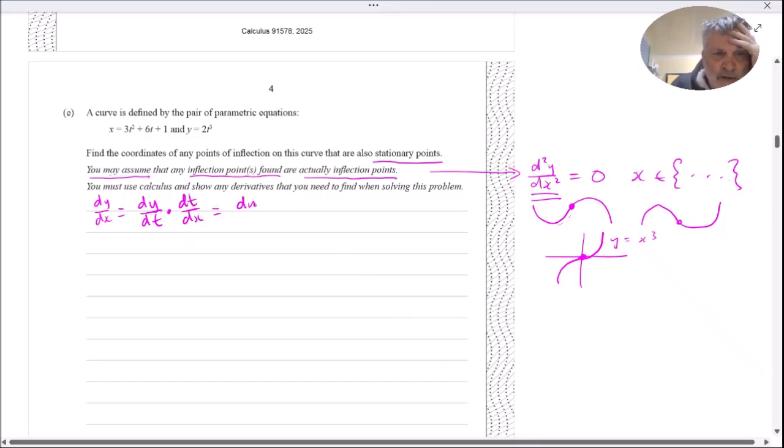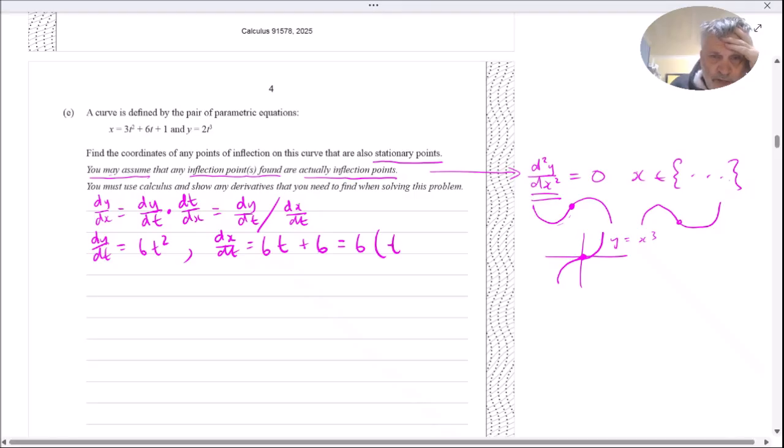So in practice, we find dy by dt, then divide by dx by dt. So we need to find these two things here. dy by dt: we differentiate this. It's a power, so it's 3 times 2 is 6t squared, and we need to find dx by dt. That's a polynomial, so 2 times 3 is 6t, and then plus 6.